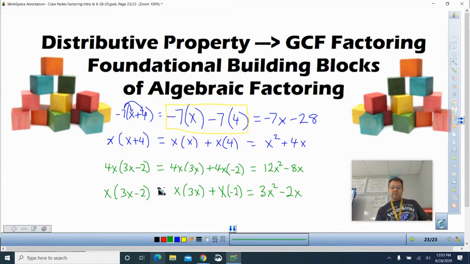Okay? Because again, how many terms do we have? X is a term, and x plus 4 is a term. So we are factoring. So these two things are factors. Okay? X is not any more of a factor or less of a factor. X plus 4 is not any more or less of a factor. That's what those things are.